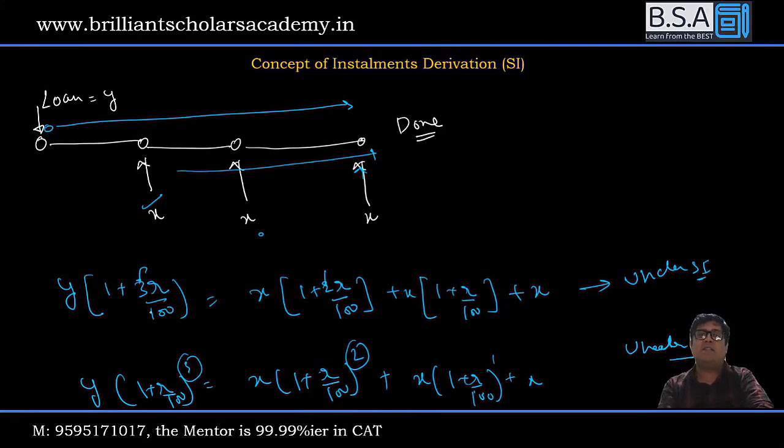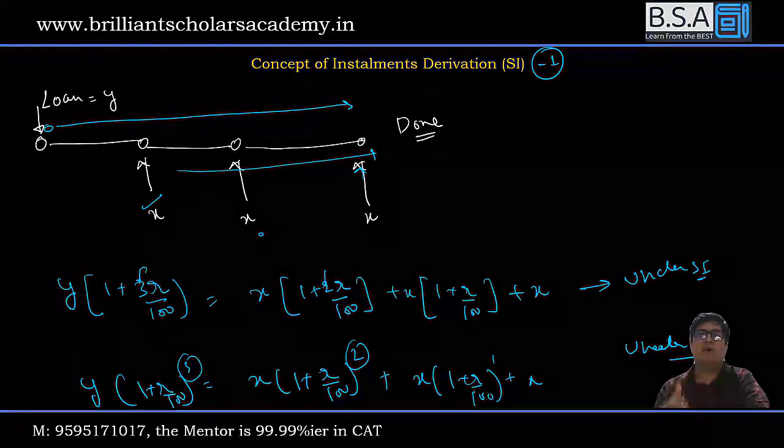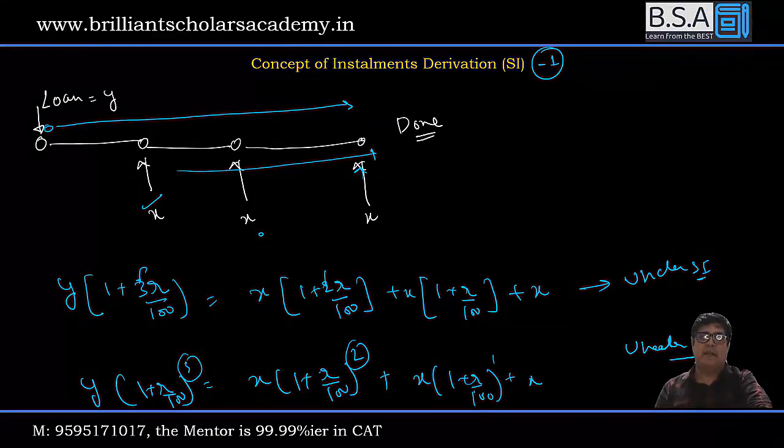Under simple interest, it gets added. In the first lecture of SICI, session 1, I had shown a derivation, and the sentence was, under simple interest, money increases through additions. Under compound interest, money increases through multiplications.